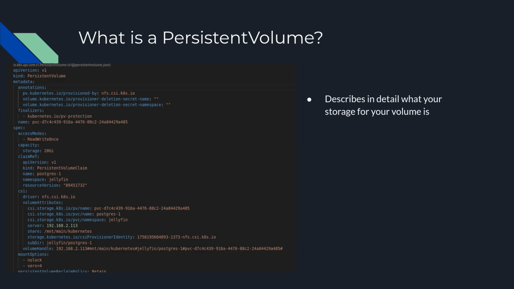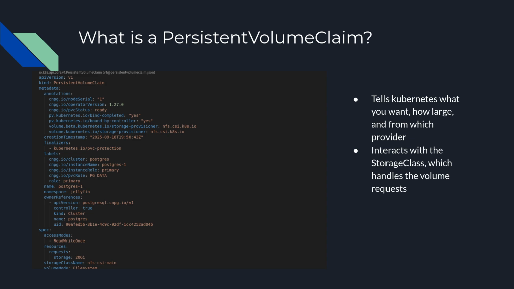All this volume does is make sure it's a global resource that gets your storage solution back into your pod. And then the persistent volume claim is what actually interacts with whatever storage solution you have.